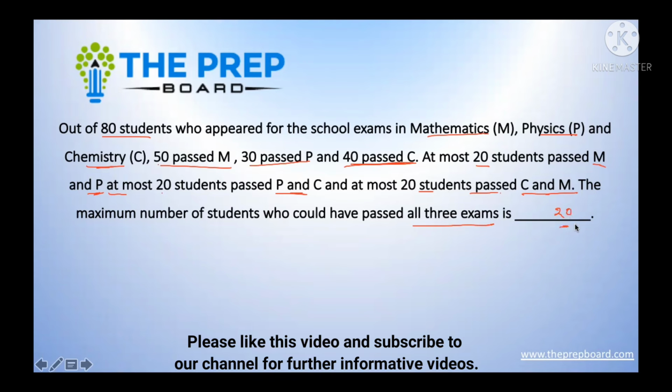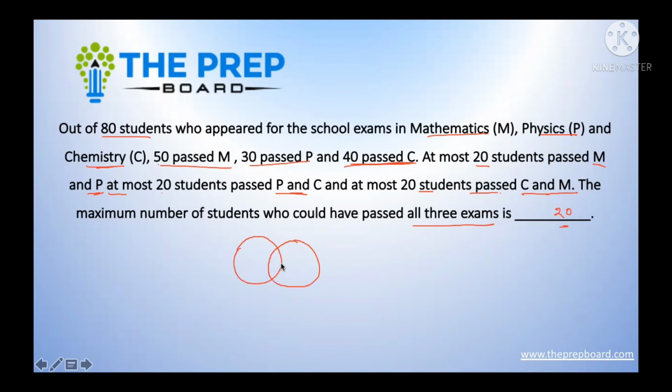Why? We can do this question in 2 different ways. One, we can draw a Venn diagram and solve the values. Like maths, physics, and chemistry, there were a total of 80 students. 50 passed in maths, 30 passed in physics, and 40 passed in chemistry.